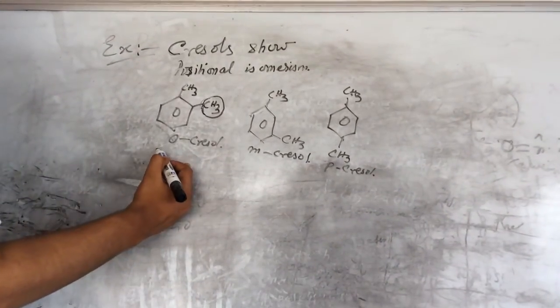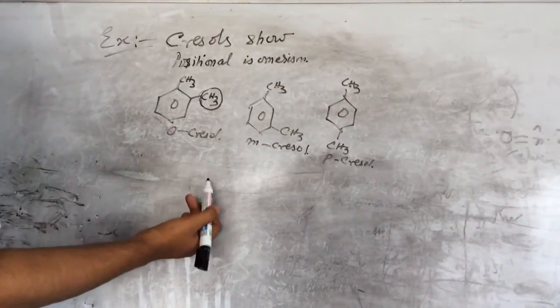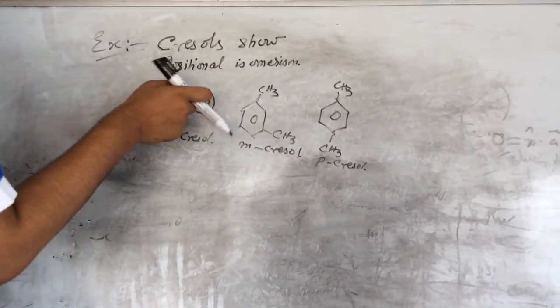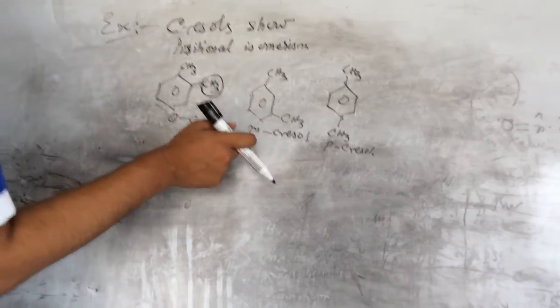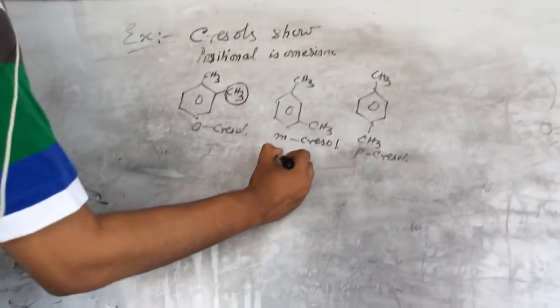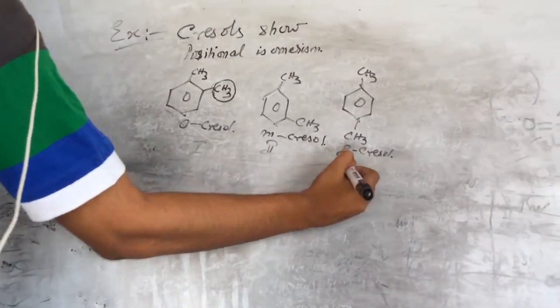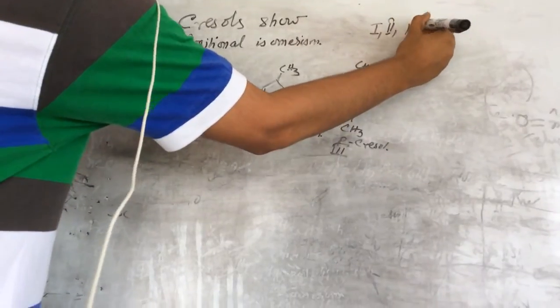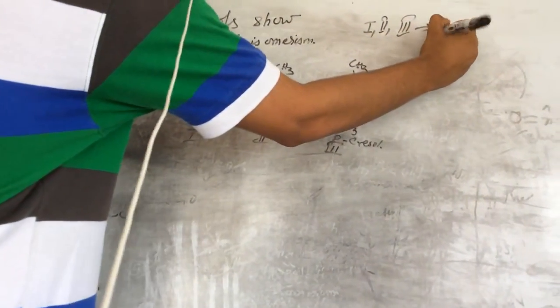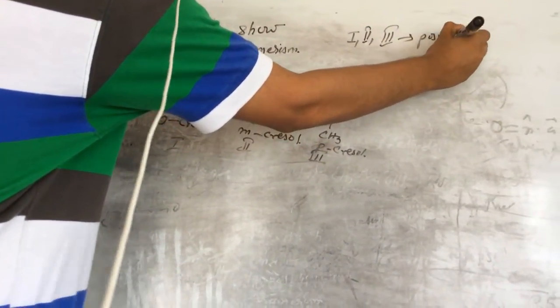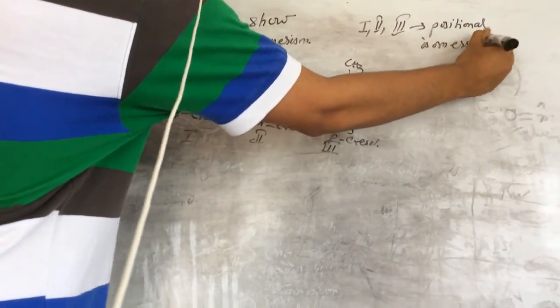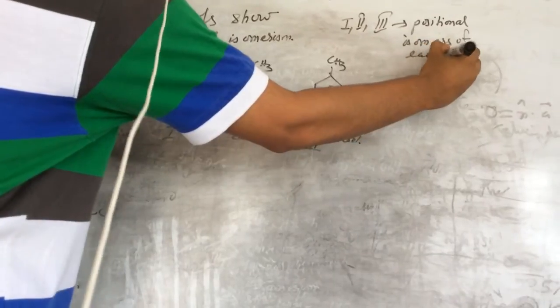So as you can see, they are all identical in molecular formula, but the relative position of the groups is different in all the three. So 1, 2 and 3 are positional isomers of each other.